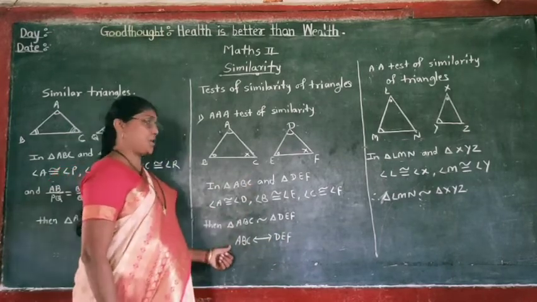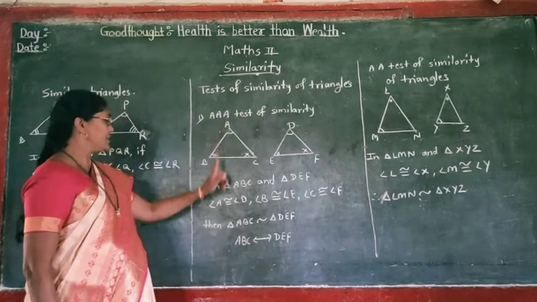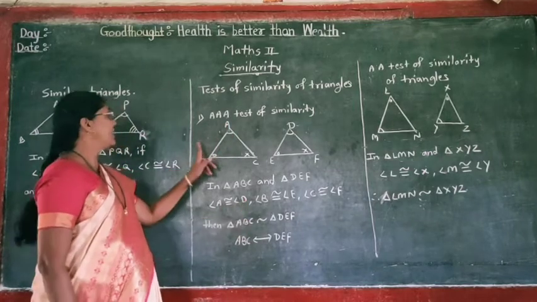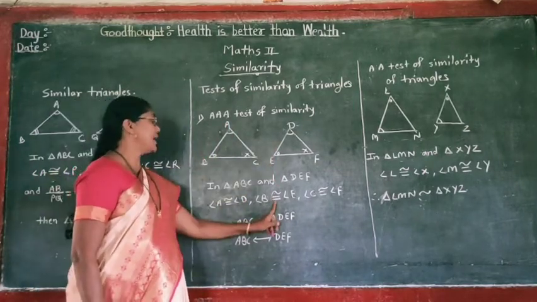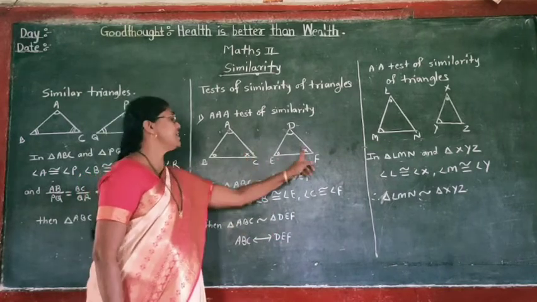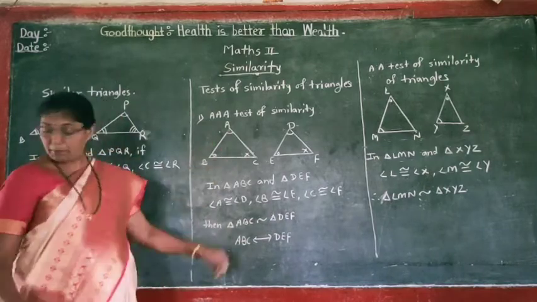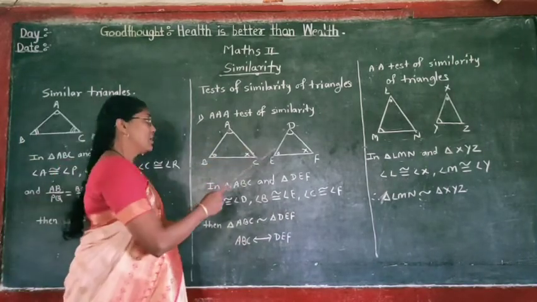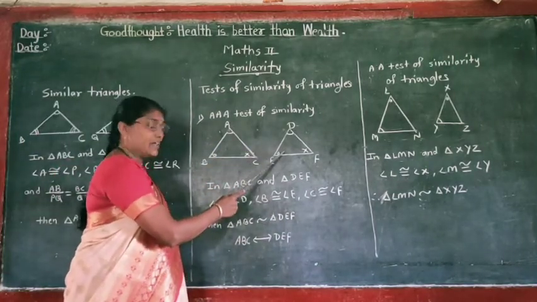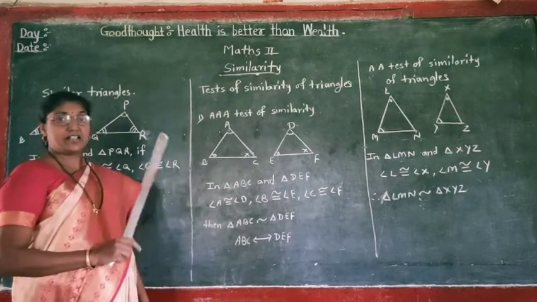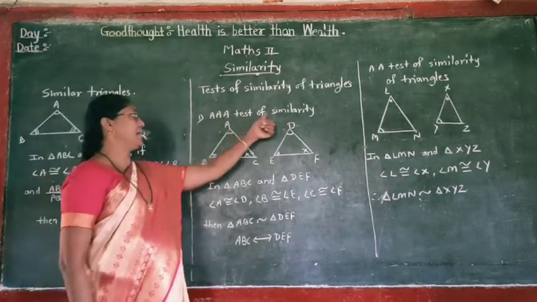By this correspondence, angle A is congruent with angle D, angle B is congruent with angle E, and angle C is congruent with angle F. Then we say that triangle ABC is similar with triangle DEF, and this test is known as the AAA test of similarity.